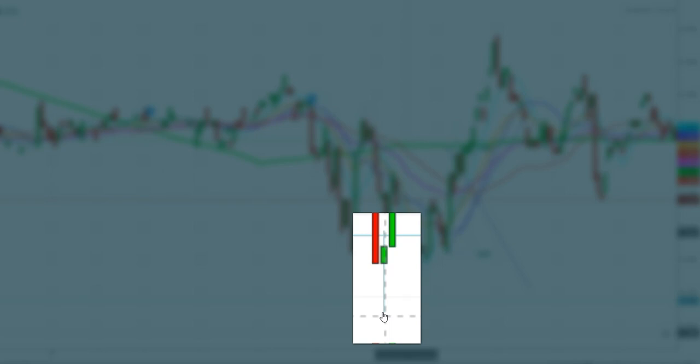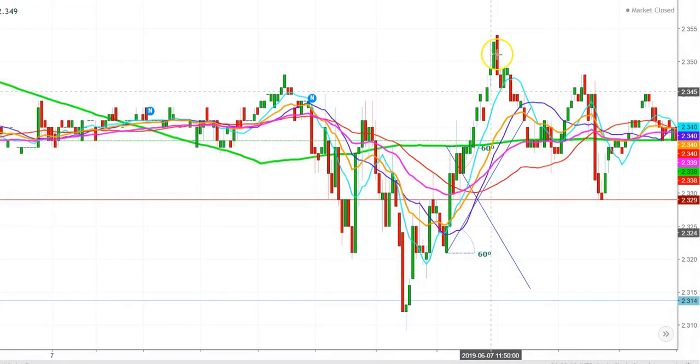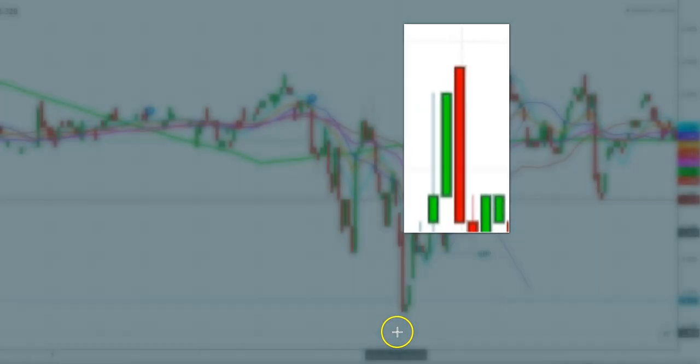$2.309, and here you can see in the 5-minute chart that from these levels natural gas futures started to move upward with a steep upward move up to the level of $2.354, which indicates that finally the natural gas futures have found a bottom here.